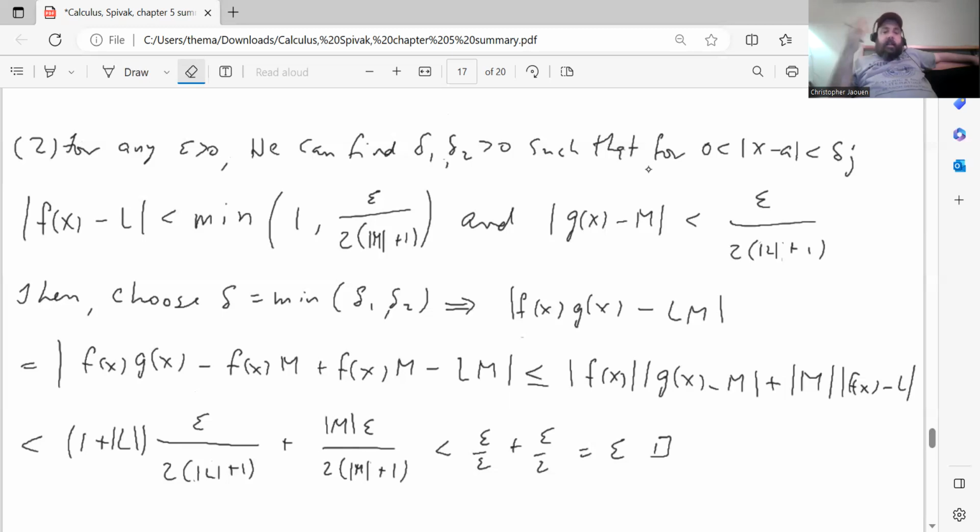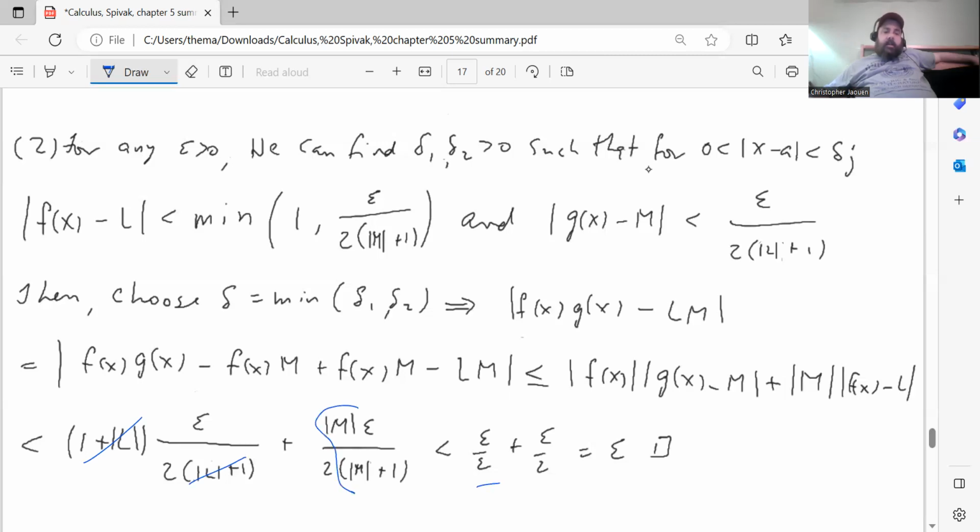And which is less than 1 plus absolute value L times epsilon over 2 times, in parentheses, absolute value L plus 1, plus absolute value M epsilon over 2 times absolute value M plus 1. So here, notice that these cancel, so you get epsilon over 2.